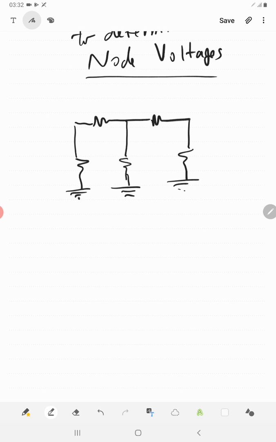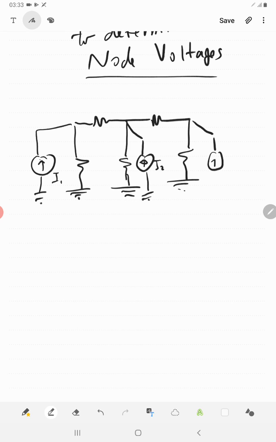Let's have a current source connected between the ground, let's say I1, another current source connected between the ground, another current source connected between the ground and this one.